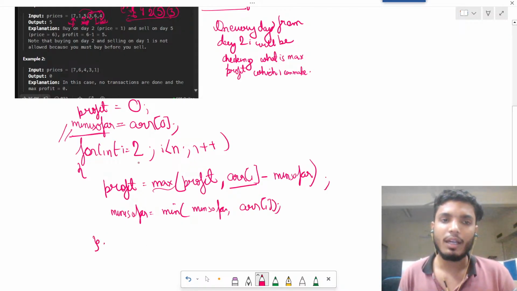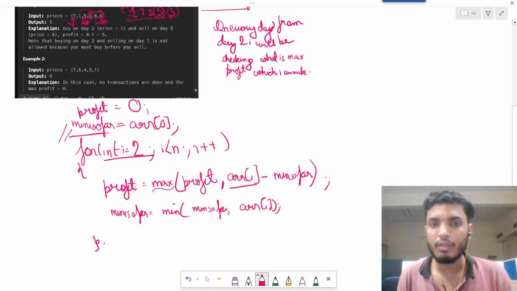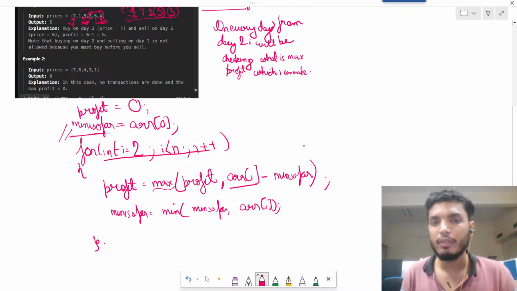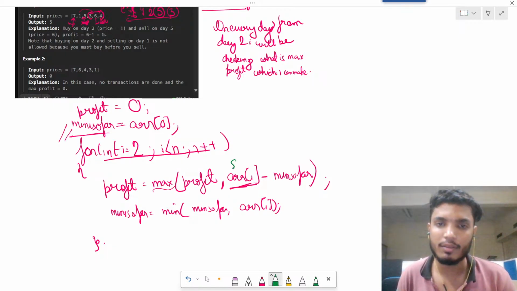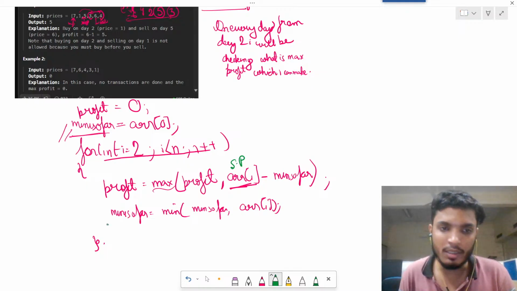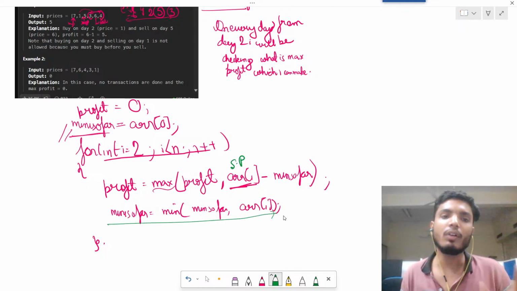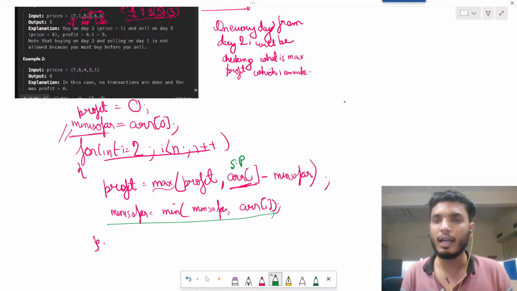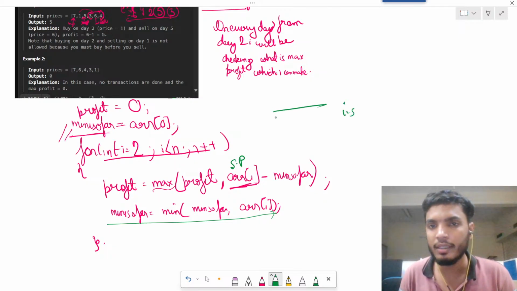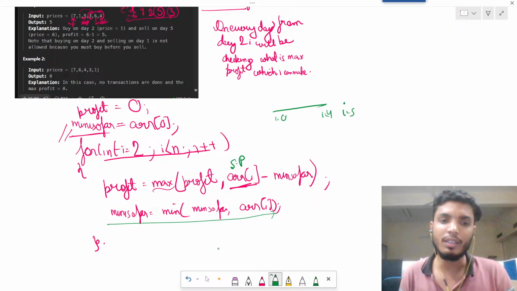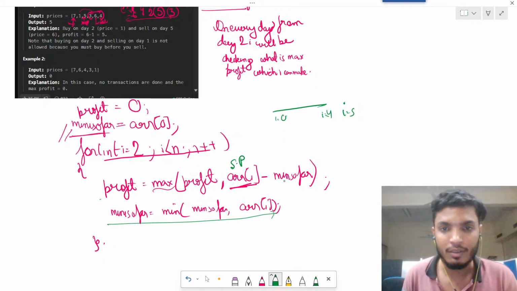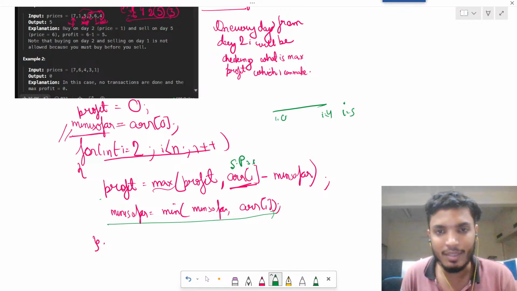This simply indicates I will be iterating from int i equals 2, i less than n, i plus plus. At each particular day, this is my selling price, and minimum so far is the minimum price before it. If i is equal to 5, I will be finding out from i equals 0 to 4 what the minimum so far was.